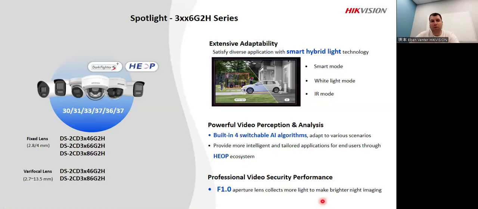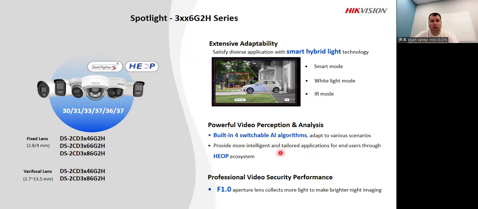Moving forward, the smart hybrid light, the ones with the normal 2 generation. These have the Darkfighter S technology as well as the HEOP platform built onto them. This allows them to absorb whatever software you are providing as a third-party analytic, which is a very nice feature.